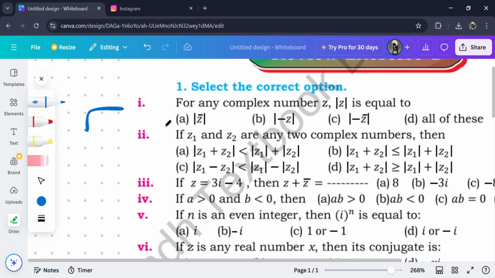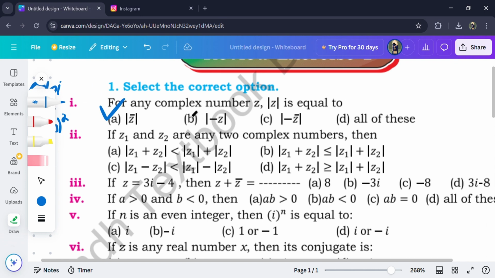So yes, it can be a situation if you are given a minus b iota. We are not concerned with the symbol, because after being squared, it will become positive. So this can be a condition.